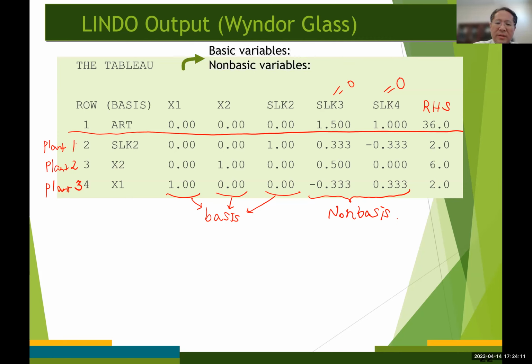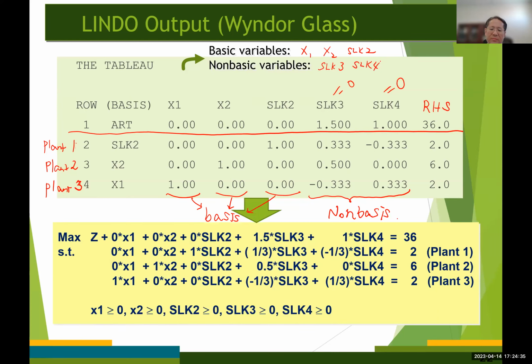So here, basic variables are x1, x2, and slack 2, right? And the non-basic variables are slack 3, slack 4, right? Okay. And here's the LP model that leads to the optimal solution, right?